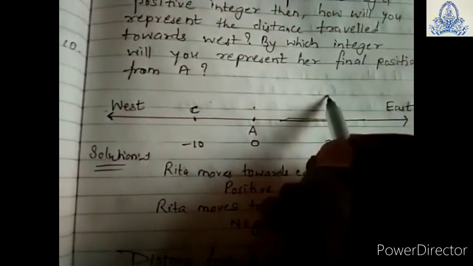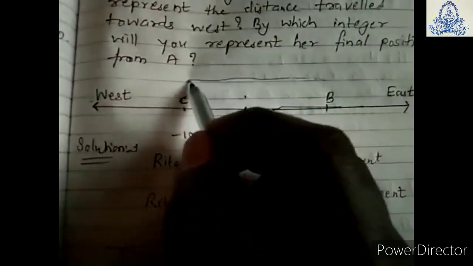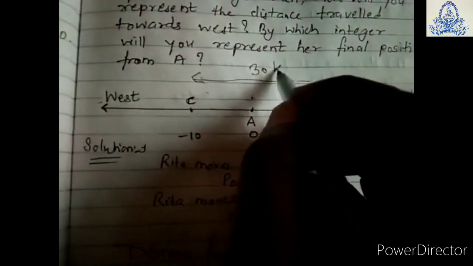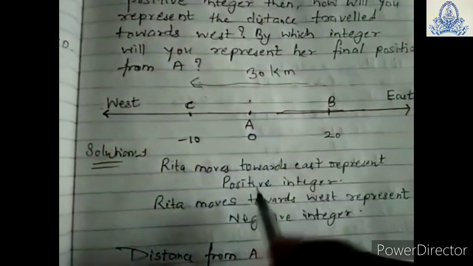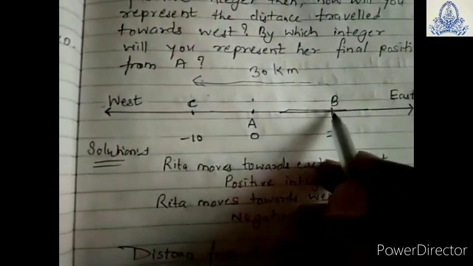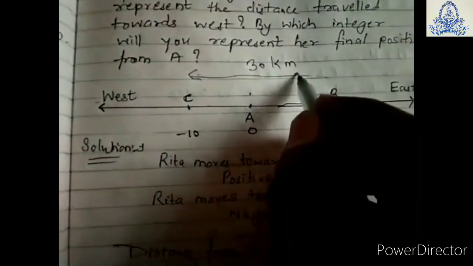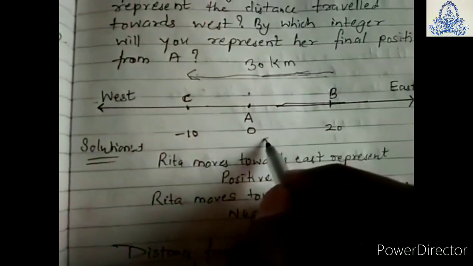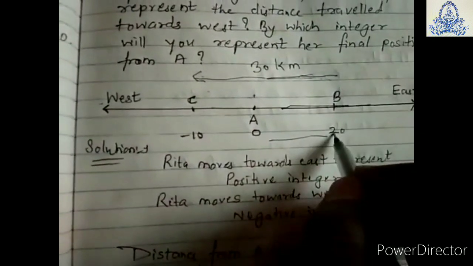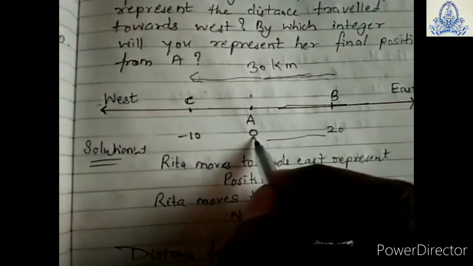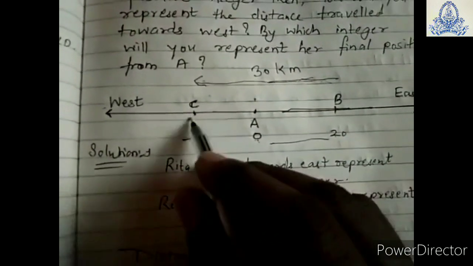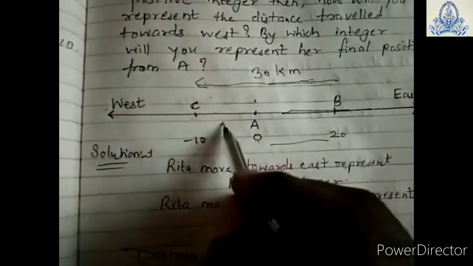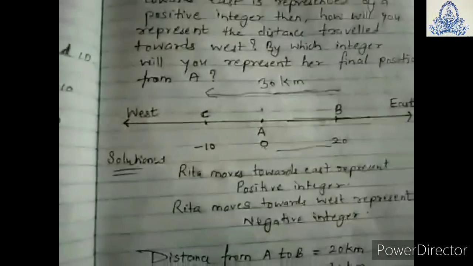From B to point C, she travels a total distance of 30 km. From A to B we have already completed 20 km, right? So from 0 to 20, and then from B towards C we travel 30, so we reach minus 10.